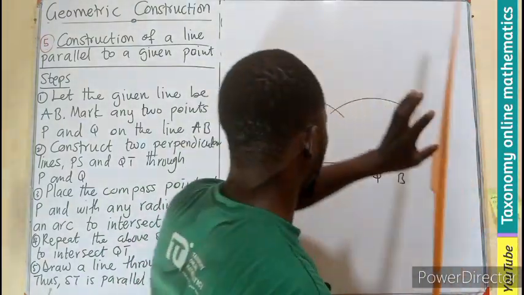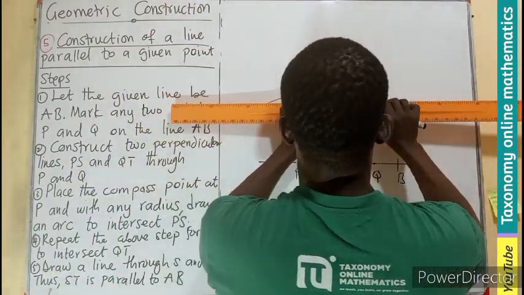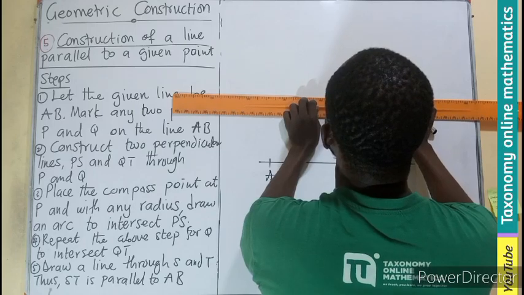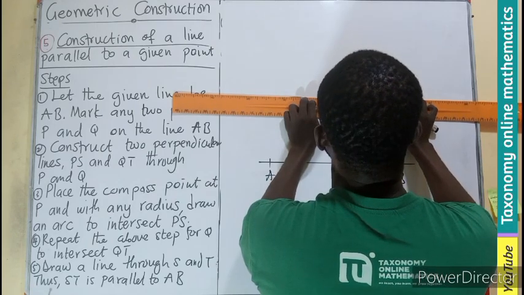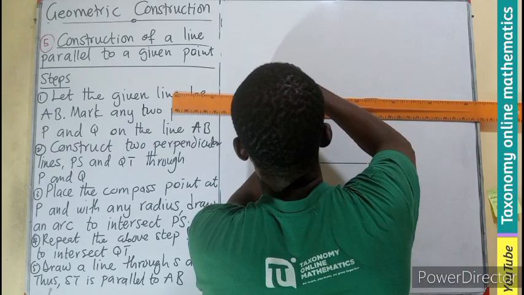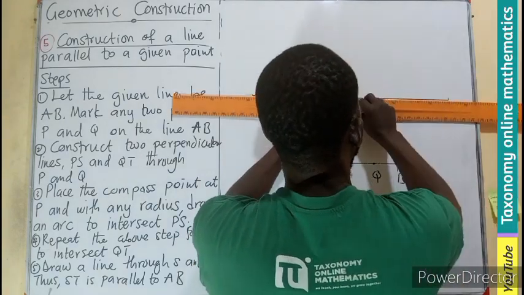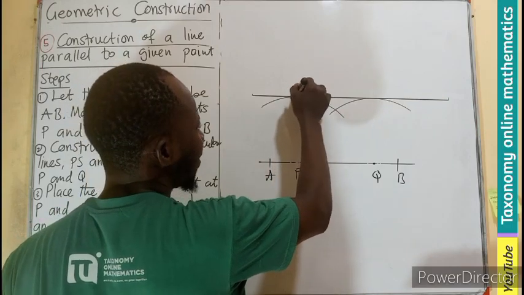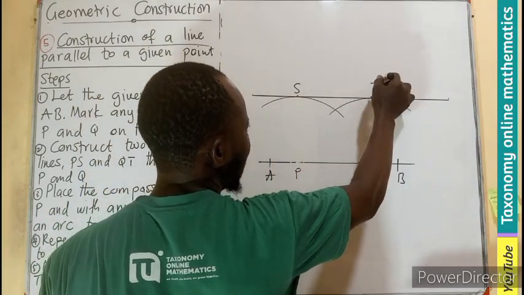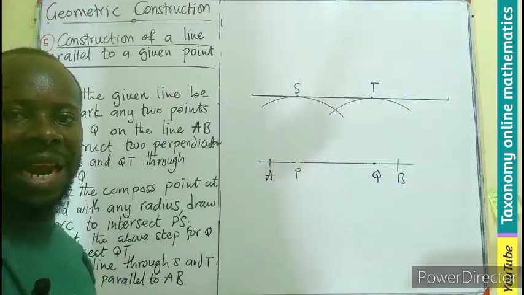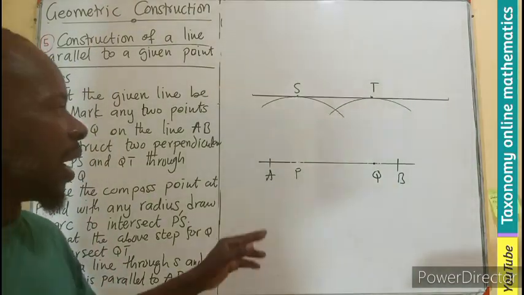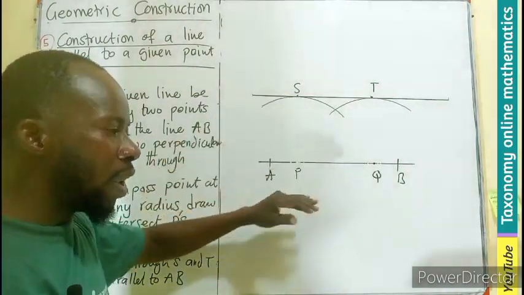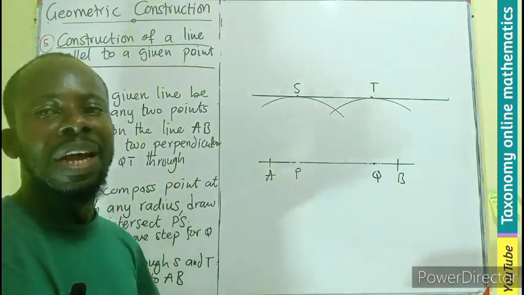So now we are going to draw a line along the top of those semicircles, making sure that it is touching them. If we label here as S, label here as T, we can also say that the line ST is parallel to the line AB. So drawing a parallel line to a given line, the two methods can be followed.